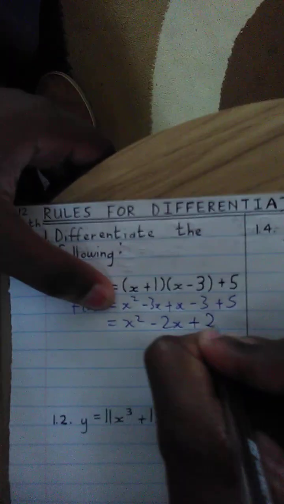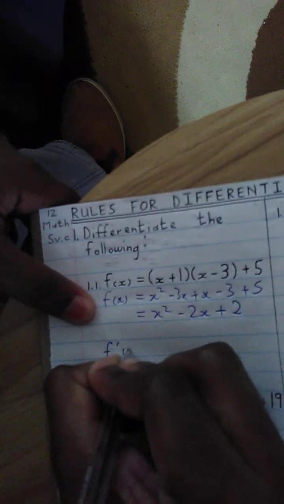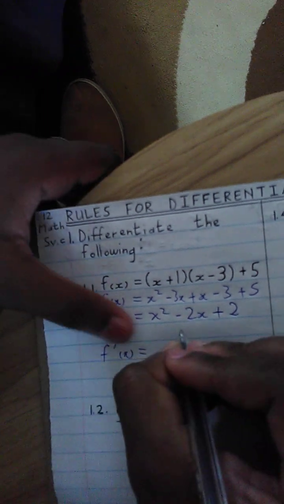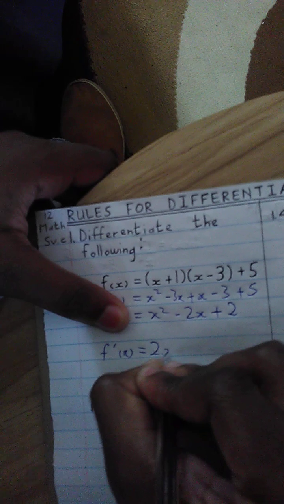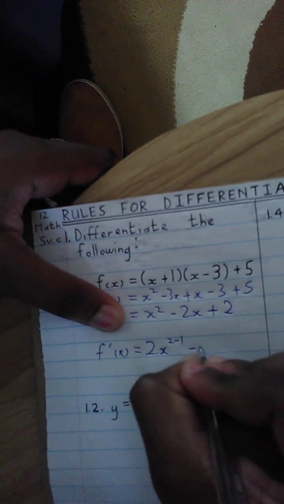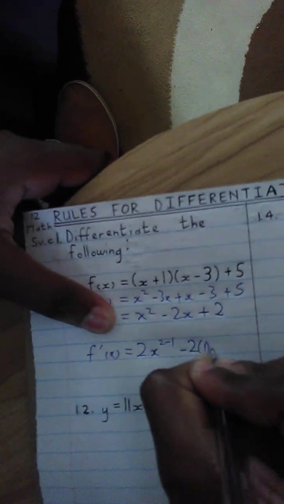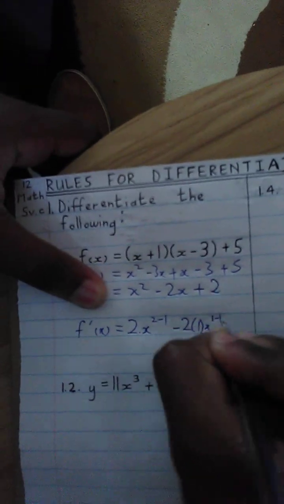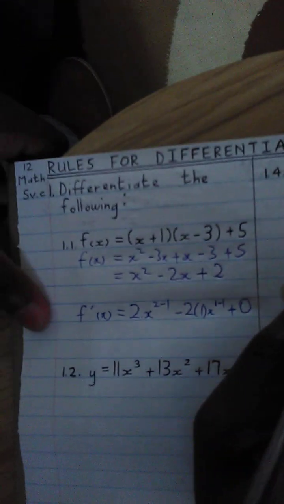plus 2, right? So when we find the derivative, it's going to be f prime of x is equal to, bring down the exponent, 2 times x to the power of 2 minus 1 minus 2. The exponent is 1. X to the power of 1 minus 1 plus the derivative of a constant is 0, right?